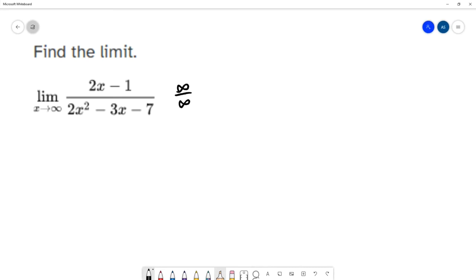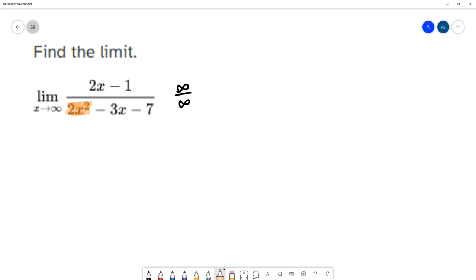So with this algebra trick, our goal is to make sure that we don't get something indeterminate overall, but more specifically, we try to produce a number for this particular position.